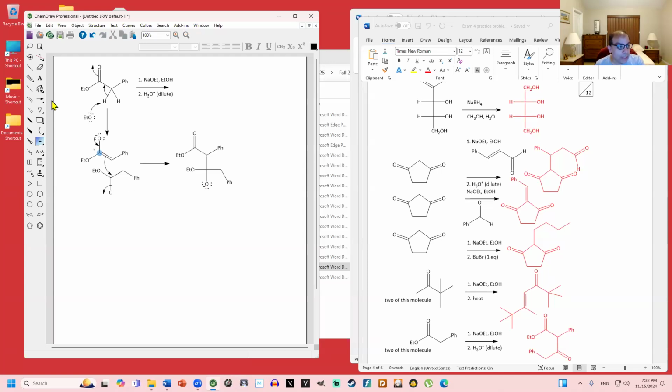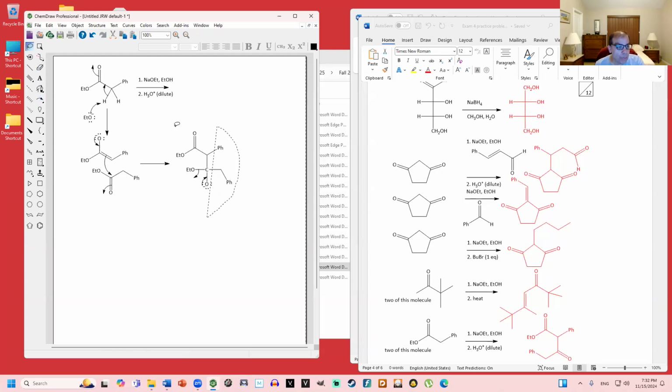And the reason is that we now have a good leaving group on this carbon atom over here. And so the electrons on the alkoxide can just fold back in, reform the carbonyl, and kick out ethoxide as a leaving group. Another thing, again, that could never happen in acidic medium.